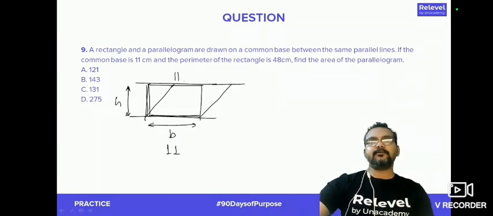So that takes out 22. So the remaining is 26. That is 13. This is also 13. So area of the rectangle is 11 times 13, which is 143, which is the same as the area of the parallelogram. So the answer is option B.